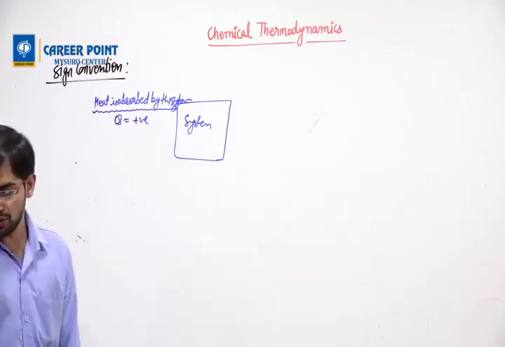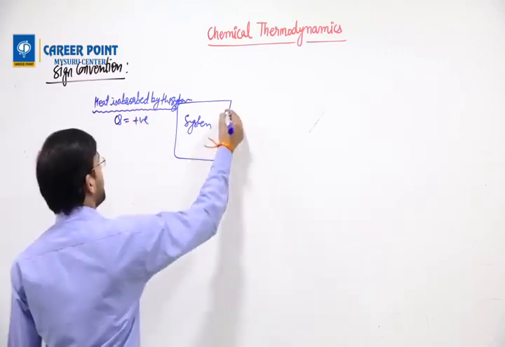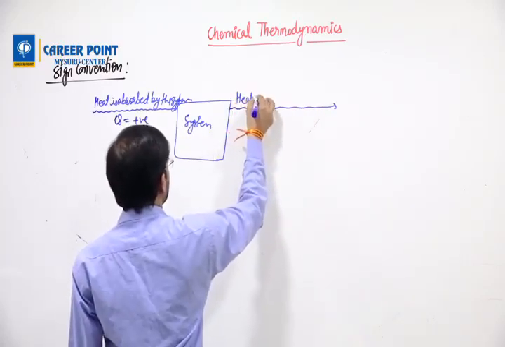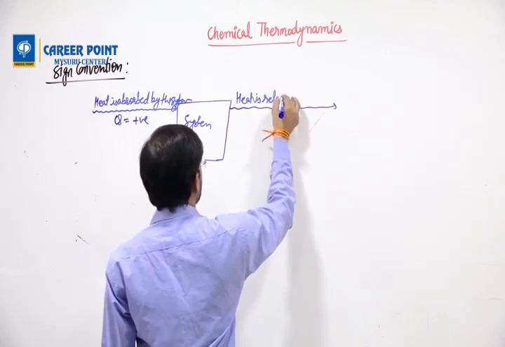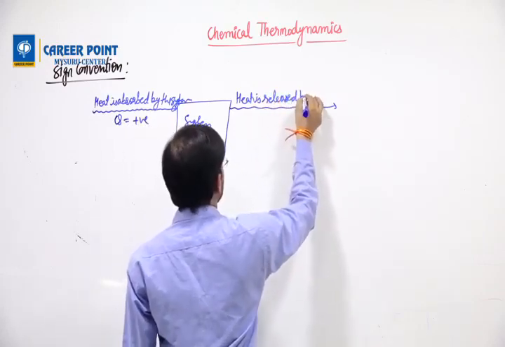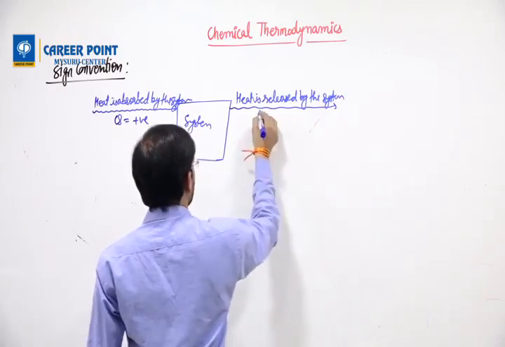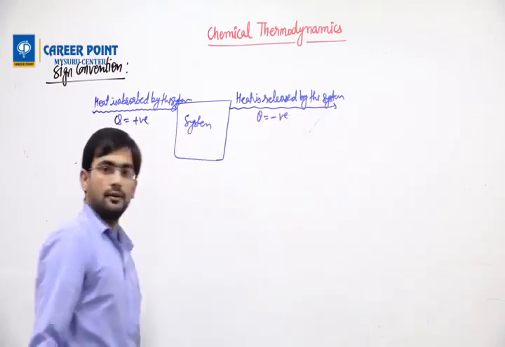Q value has to be positive. But if heat is released by the system, then Q will be negative.